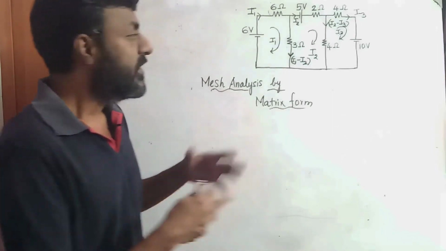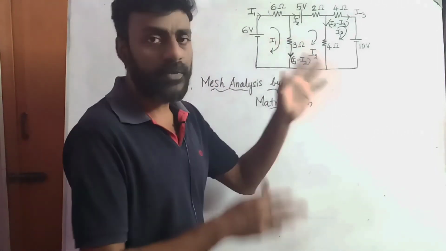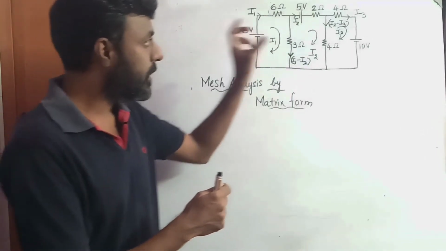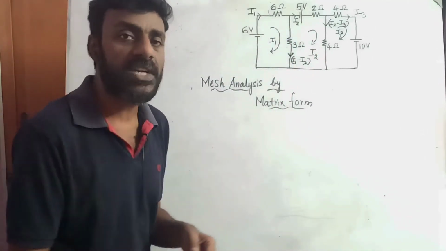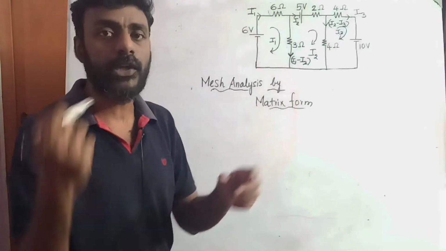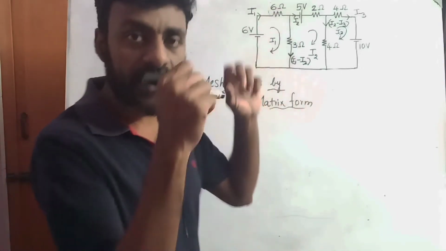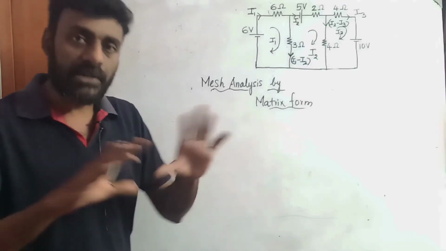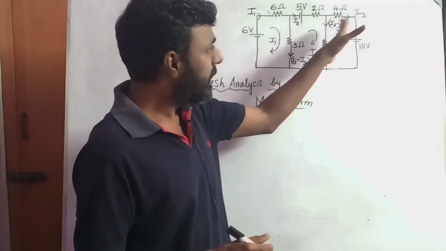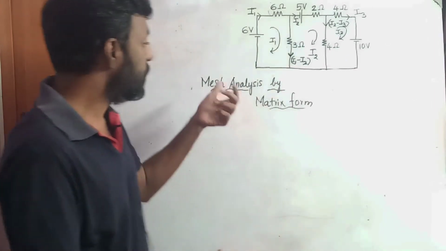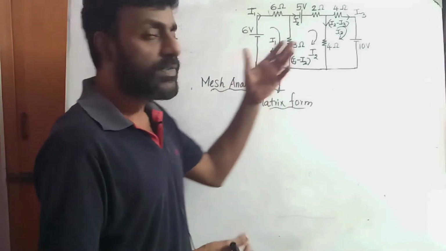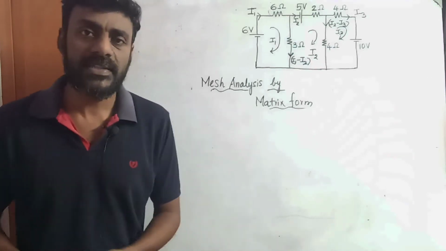In case in your examination the examiner is very much concerned about one particular method, then you need to find the value of current using that particular method. If they ask generally, if they just say find the current in a circuit, you can use any one of the methods: mesh analysis, the loop current method, or the nodal analysis method.